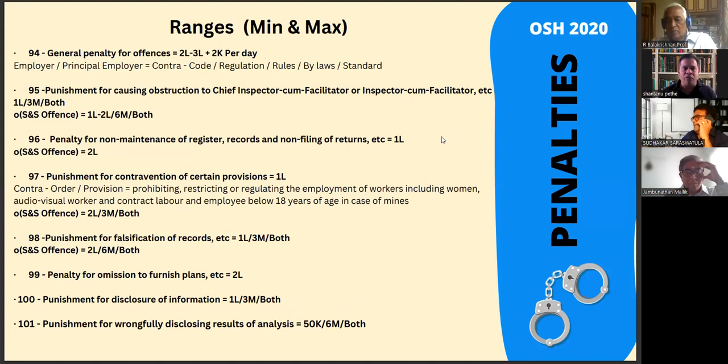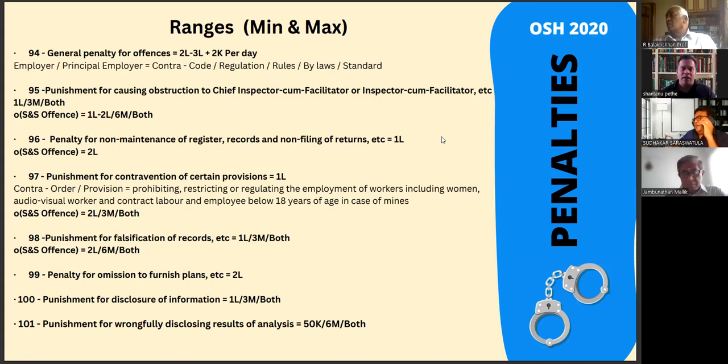General penalty for offenses: any contravention of the code, regulation, or rules where no separate penalty is given, you will have to pay at least 2 to 3 lakh as a penalty, and 2,000 per day if it is continuing. Then punishment for obstructing the chief inspector or inspector-cum-facilitator. See, the inspector's power in the OSH Code is huge.